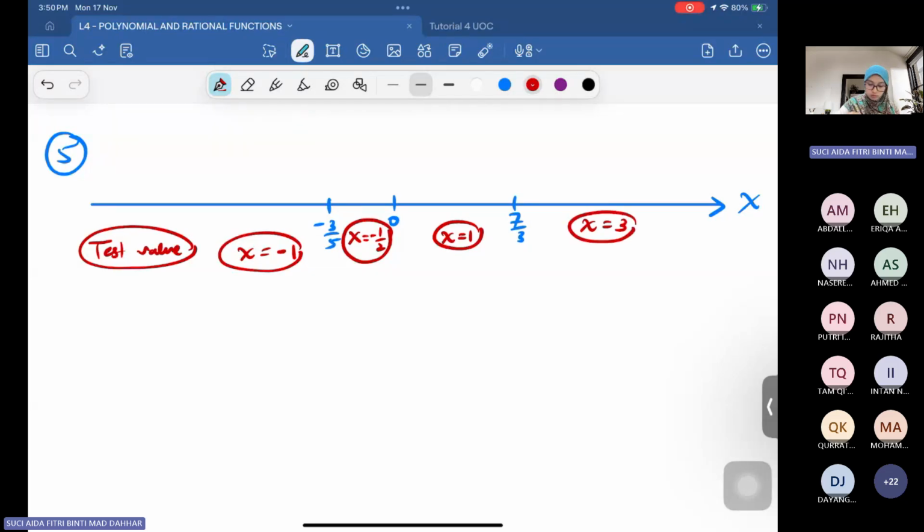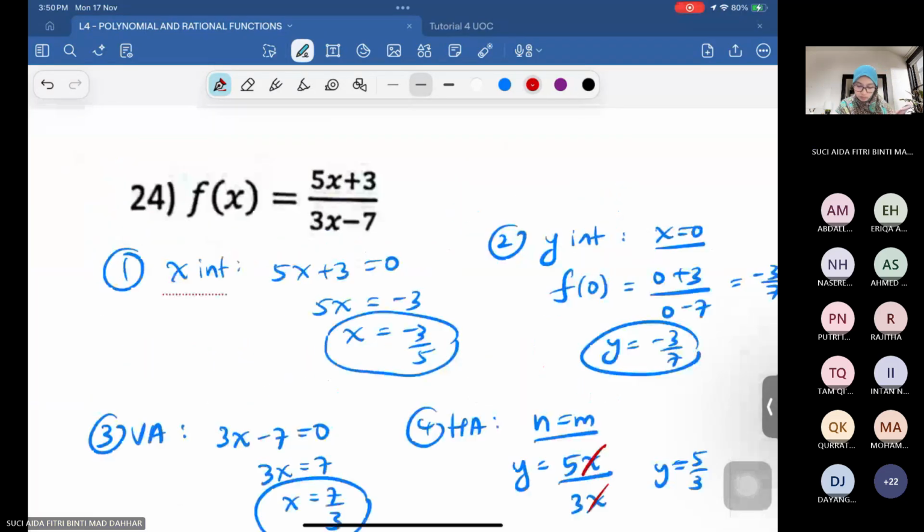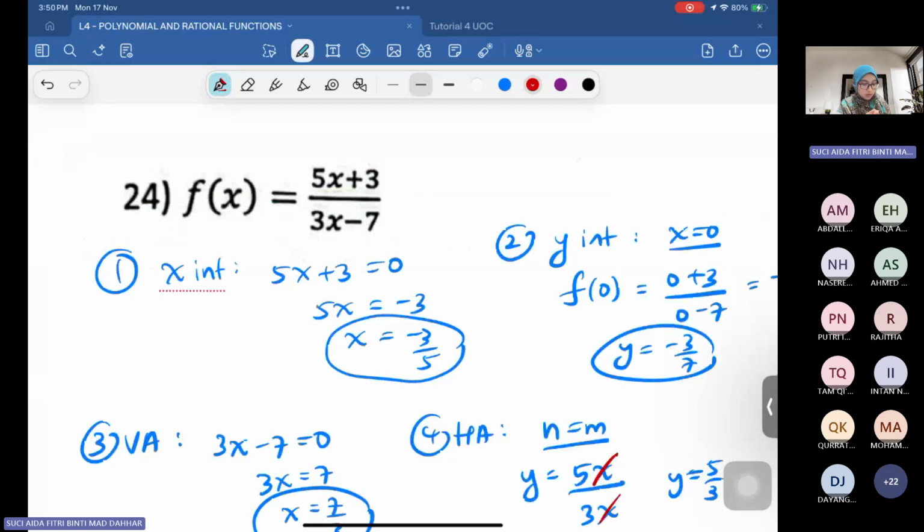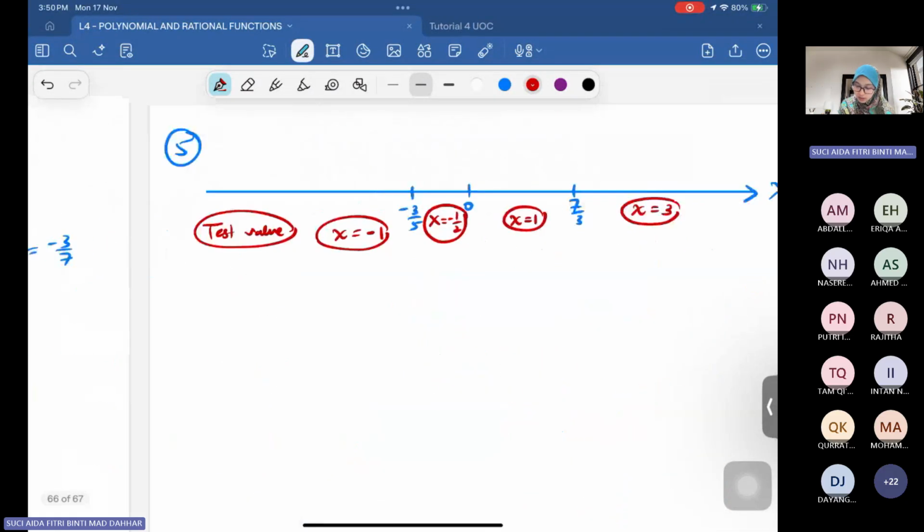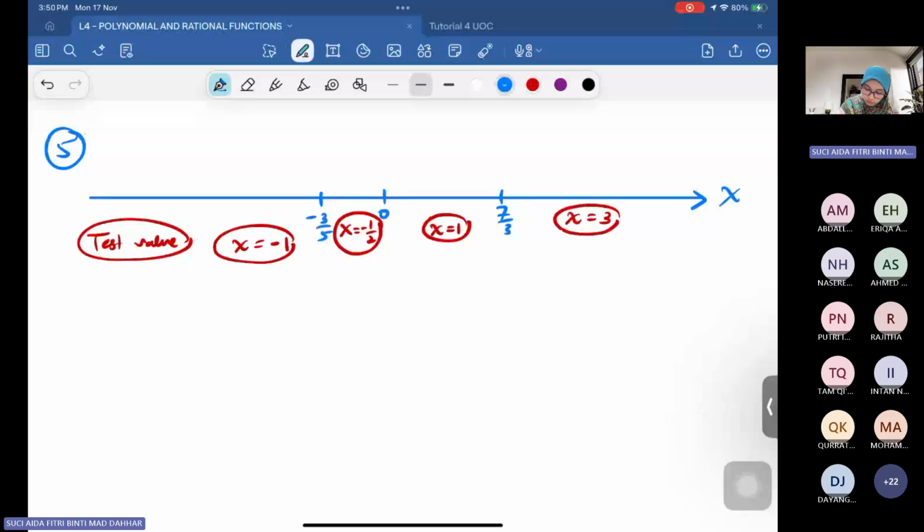Okay, now use your calculator. Key in the function 5x plus 3 over 3x minus 7. Calculate. Now let's key in our test values. So f of negative 1 here, it gets us to positive 1 over 5.